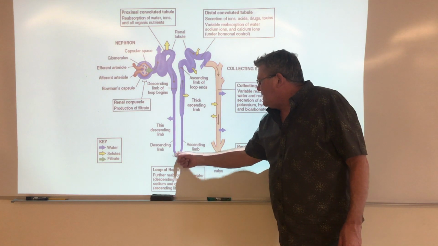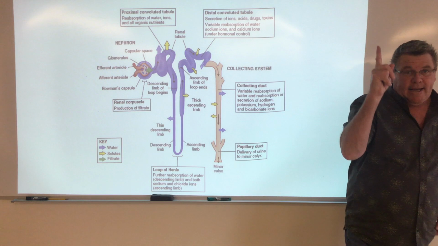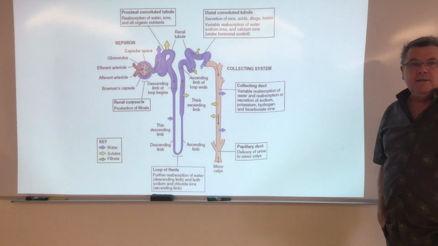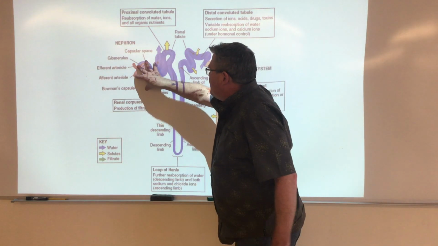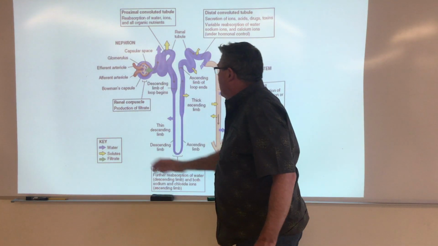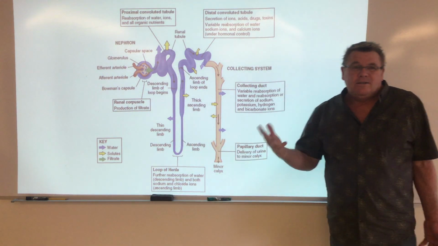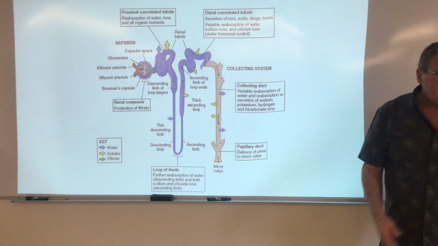So by the time we get down to this loop, to where we spin around and we're going to end up going back towards the surface, the filtrate is unbelievably concentrated. We dump all the material out, we absorb water, and we concentrate things like sodium. And urea is another one that we're going to start to concentrate in there.